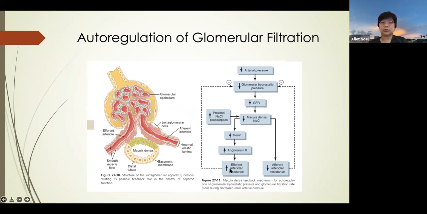Then this will also cause vasoconstriction of the efferent that would eventually cause increased glomerular pressure.